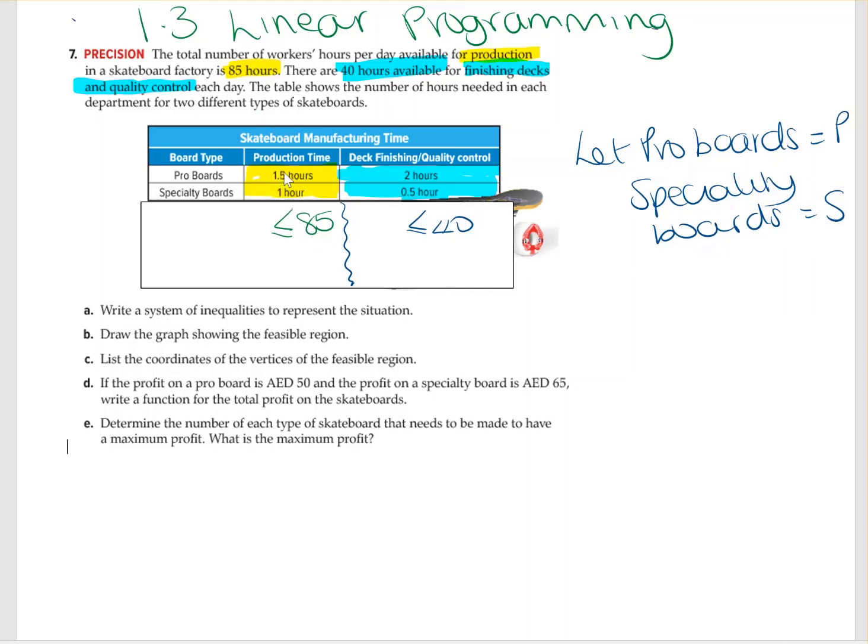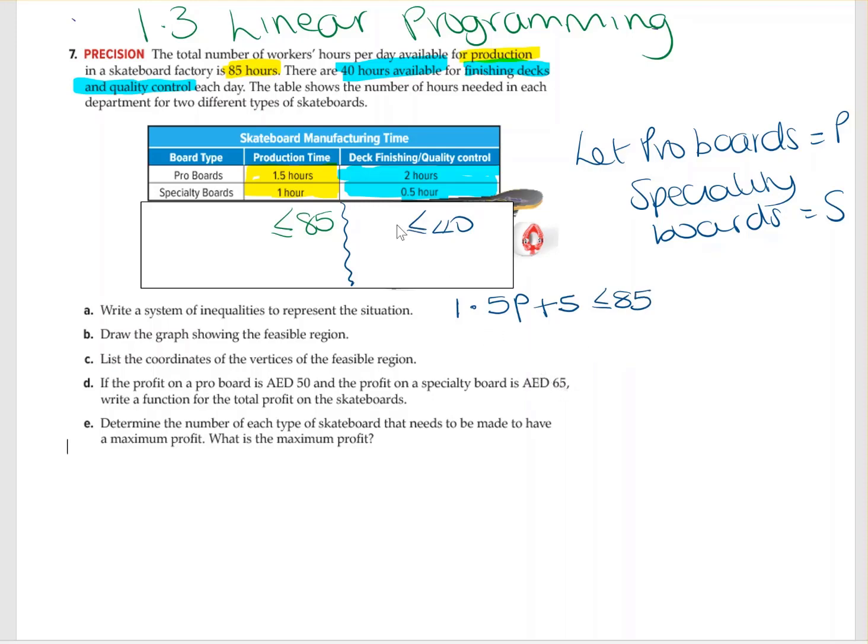So we have 1.5 hours and 1 hour is less or equal to 85. So we're going to have 1.5P plus S, is less than or equal to 85.